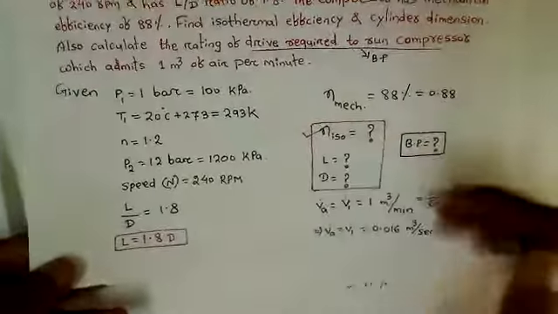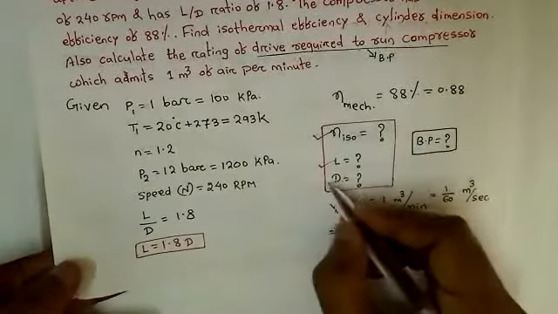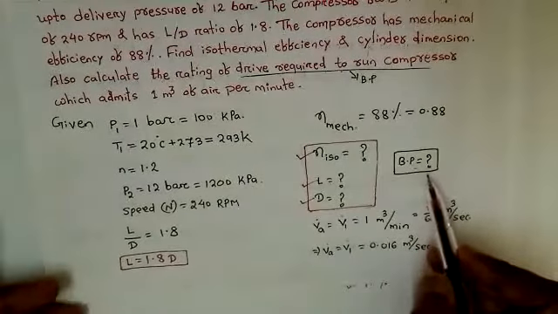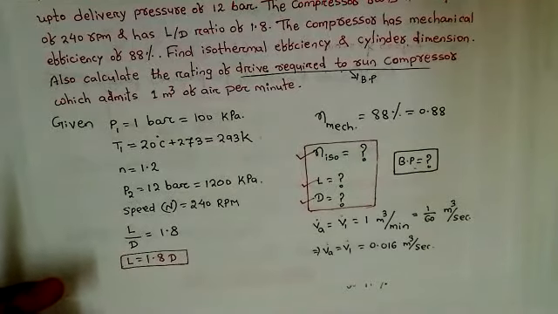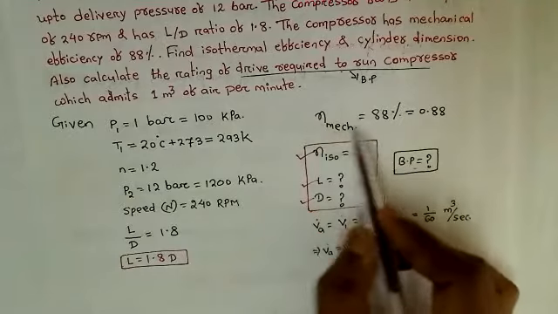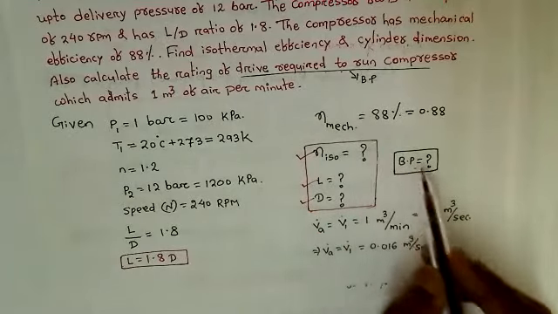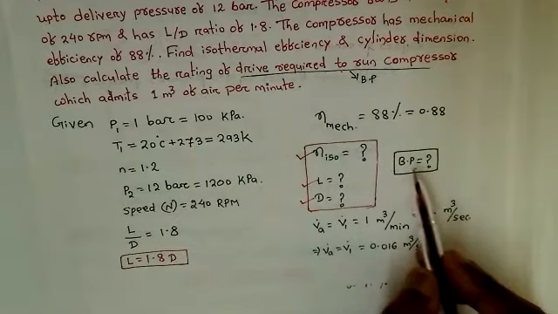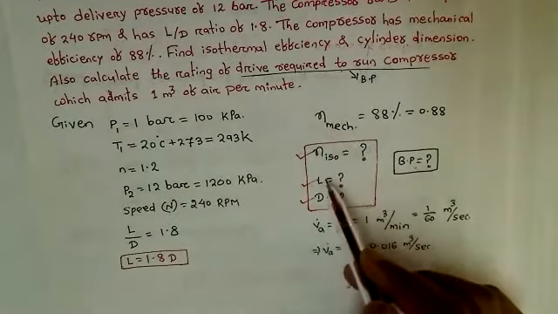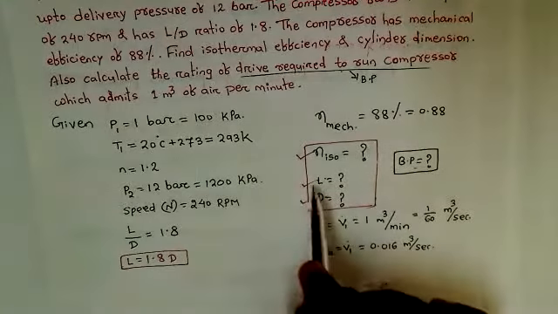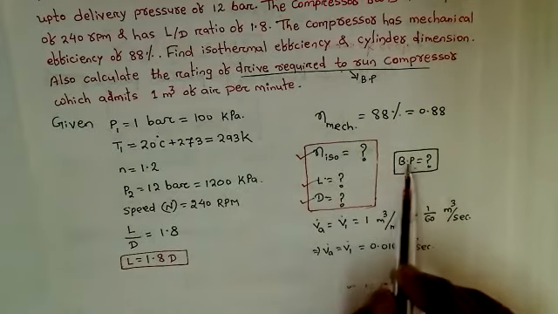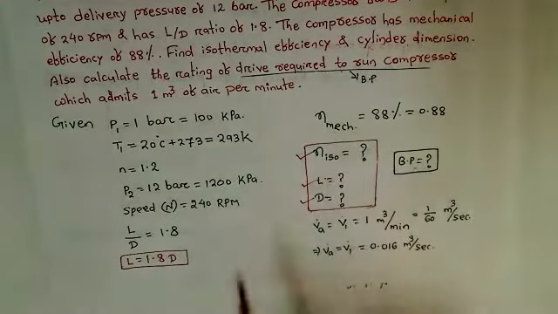So we have calculated the isothermal efficiency, the stroke length, and the diameter. Now the only thing left is the brake power. How do we calculate this brake power? We can calculate it from the mechanical efficiency, because so far we have not used this formula. Somebody was saying mechanical efficiency was used to calculate length and diameter, but no, length and diameter you can calculate from the volume flow rate, and the brake power we can calculate from the mechanical efficiency.